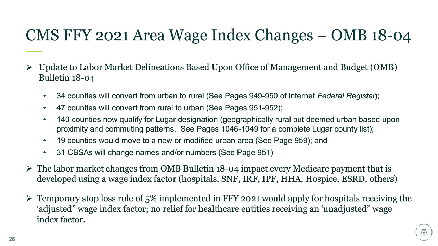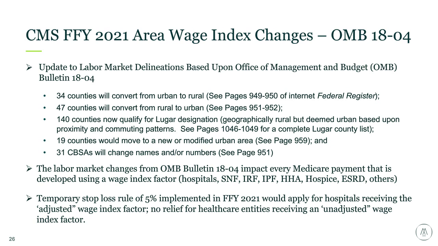OMB issued Bulletin 1809 last year, and CMS has adopted this as an update to labor market delineation. So in their development of their fiscal year 2021 wage index factors, CMS implemented the changes in OMB 1804.